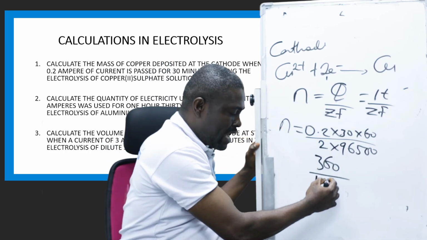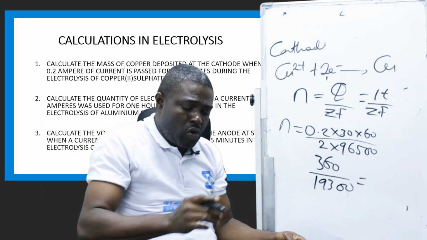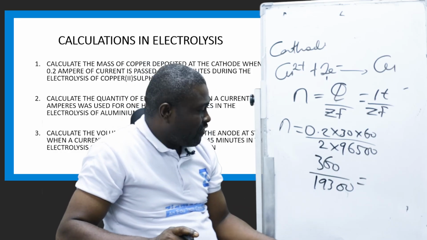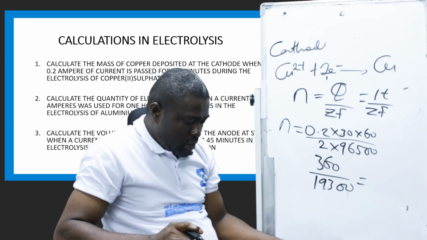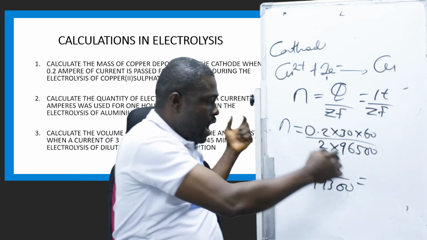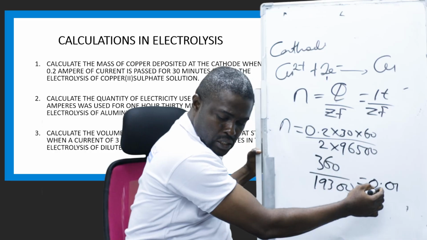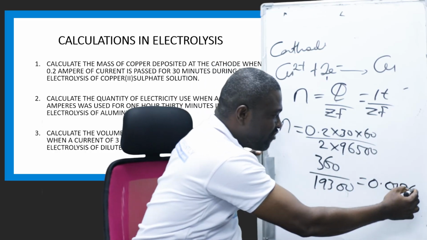Below I have 19300. Whatever I have here is the mole. The mole becomes 360 divided by 19300. I will arrive at 0.01865. Let me stop here.